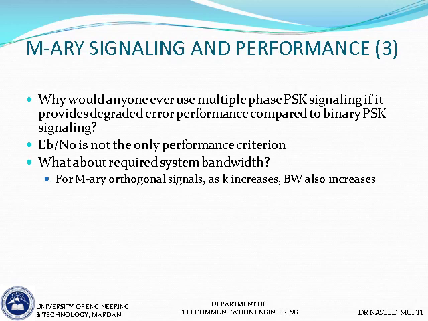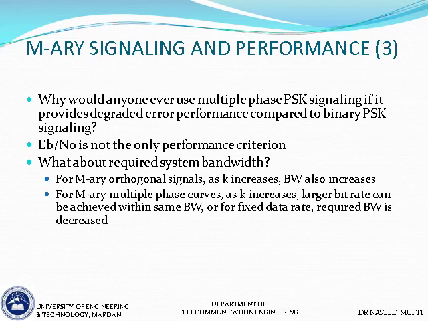What you have to remember is that PB versus Eb/N0 is not the only performance criterion. What about the required system bandwidth? If you compare these two schemes in terms of bandwidth, for M-ary orthogonal signals, as k increases, the bandwidth also increases. But for M-ary multiple phase signals, as k increases, we can achieve a larger bit rate within the same bandwidth, or if we keep the data rate constant, we need less bandwidth.